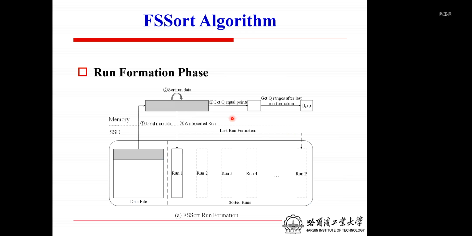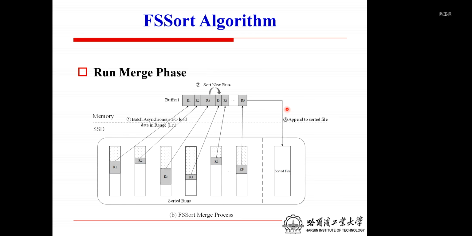At last, it stores all the partition points and selects the Q equal points as the data intervals in the merge phase. It can ensure that the data in each interval will not exceed the memory size in the merge phase. In the round merge phase, we prepare the data intervals. Data loading can be highly parallel so that the internal parallelism can be triggered.